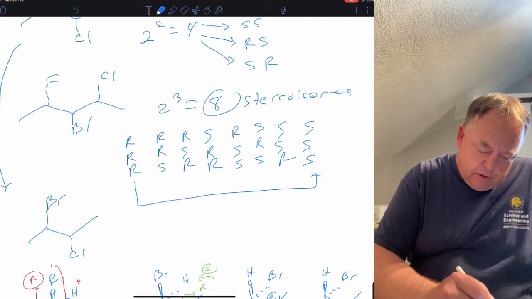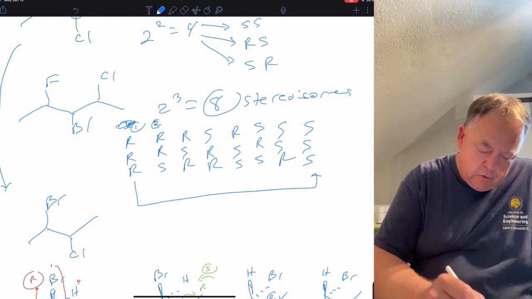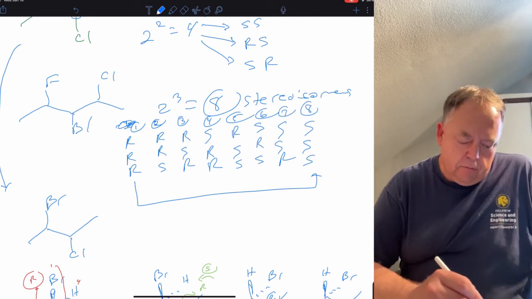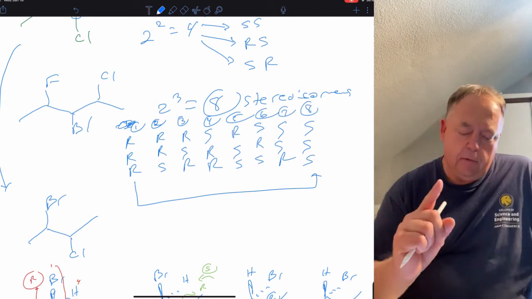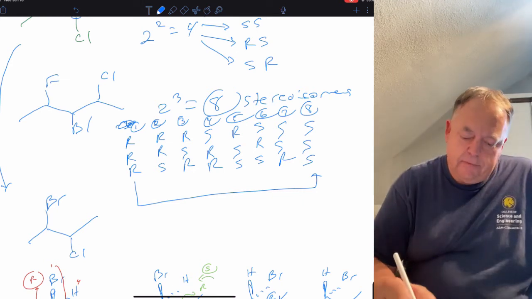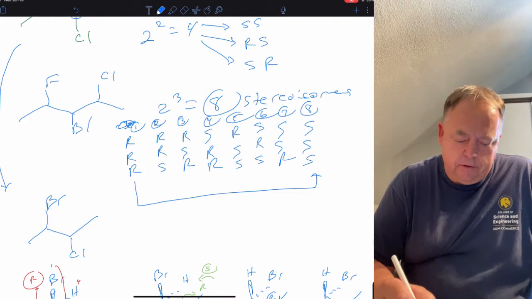So if we call this molecule 1, let's call this 1, 2, 3, 4, 5, 6, 7, 8. So molecule 1, every single molecule has one enantiomer. So molecule 1's enantiomer is number 8. Every single chiral carbon is flipped.